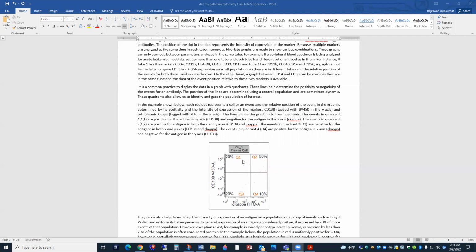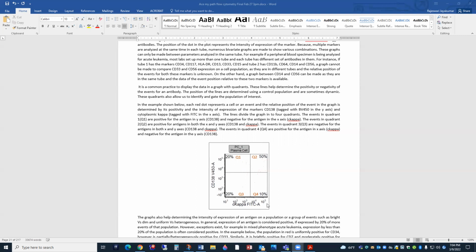So these quadrants help in determining the positivity or negativity of these cells. If they sit here, they are positive for both 138 and kappa. If they are here, they are positive for kappa but negative for 138. And if they're here, they are negative for both 138 and kappa. So these lines basically separate the positive from the negative population. On the x-axis, anything to the right of this line is positive for the marker on the x-axis, and anything to the left is negative.